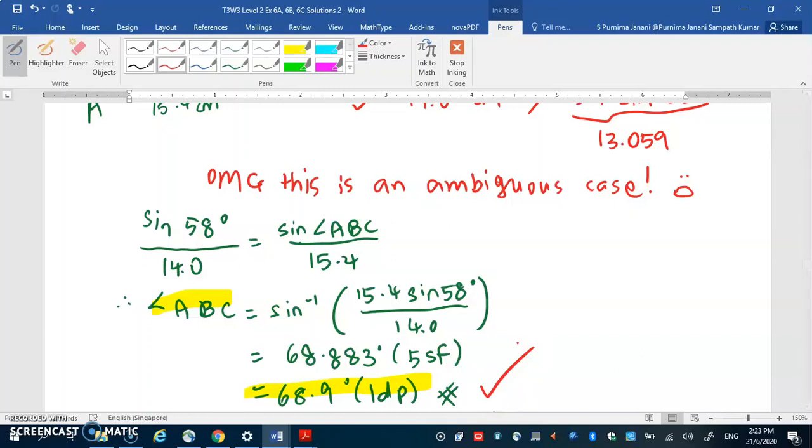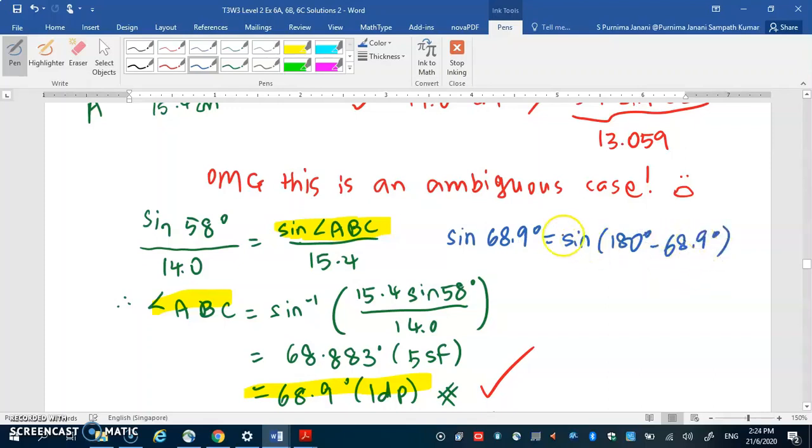Now, because I'm using the sine rule to find an angle, I realized that this sine ABC value, which is sine 68.9, will be the same as sine of 180 minus 68.9.